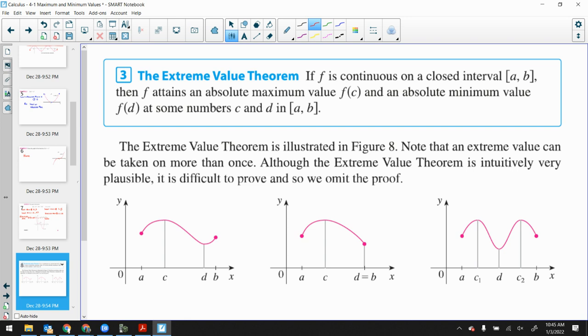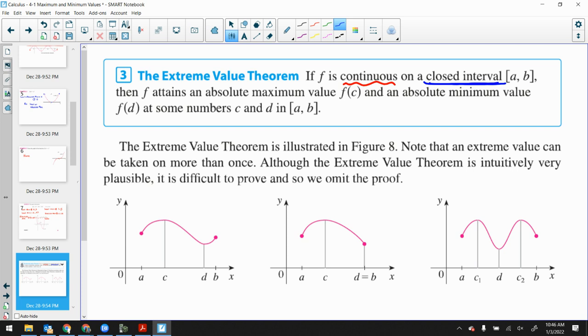The extreme value theorem says that if f is continuous, and that's a really important piece here, we studied continuity in great depth, and if f is continuous on a closed interval, that's another key piece, this is kind of like the if statement, then f attains an absolute maximum value and an absolute minimum value at some places in between those closed intervals.